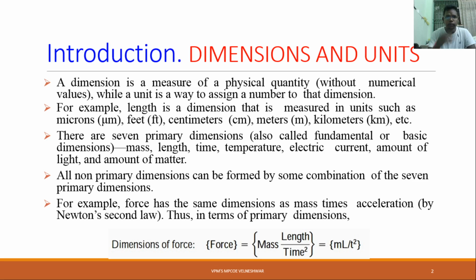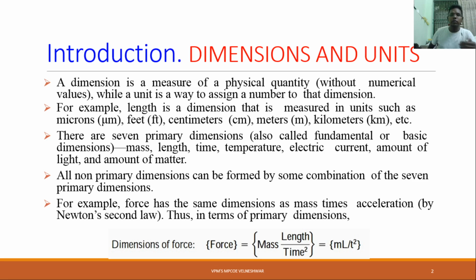Now here, a dimension is a measure of a physical quantity without numerical values, while a unit is a way to assign a number to that dimension. A physical quantity is something that can change; somewhere it will be 10, 15, 20, 25, 30.